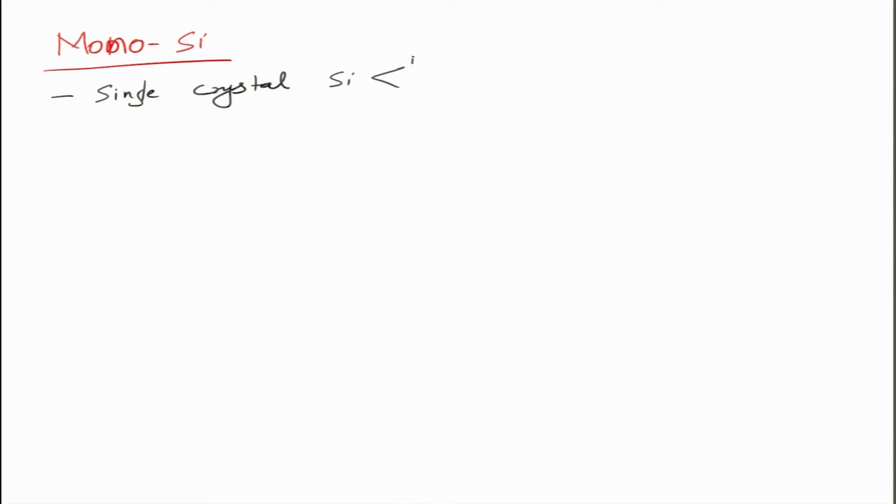With N silicon on the top being about 0.3 micron thick, and P silicon being about 300 micron thick. Okay. So this is called the emitter, and this is called the base.